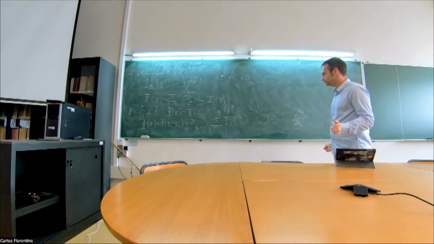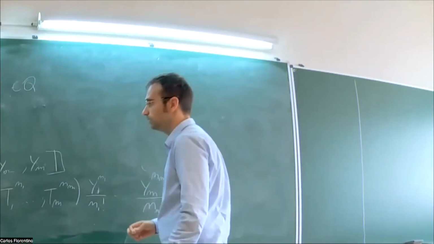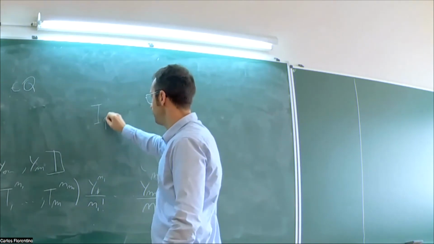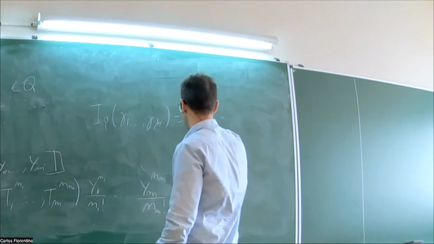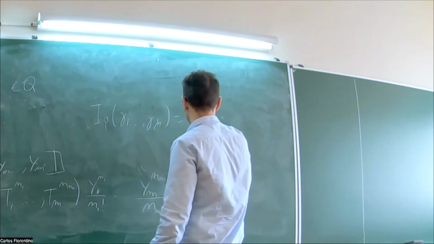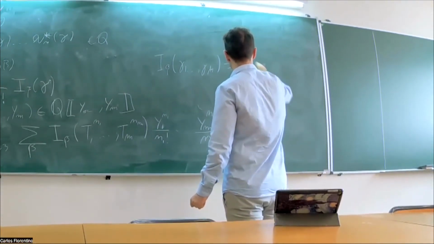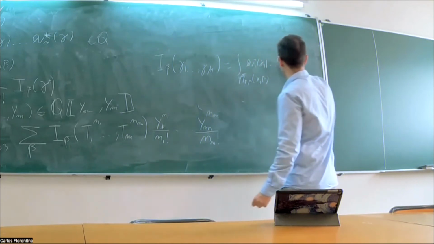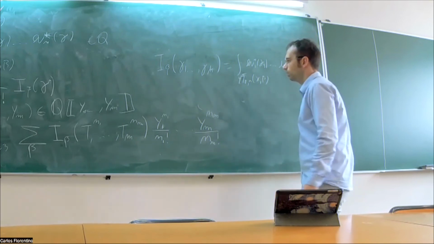Okay, I'm using here a notation that I did introduce, sorry. Epsilon beta, gamma 1, gamma n, is the integral, the Gromov-Witten invariant, okay?